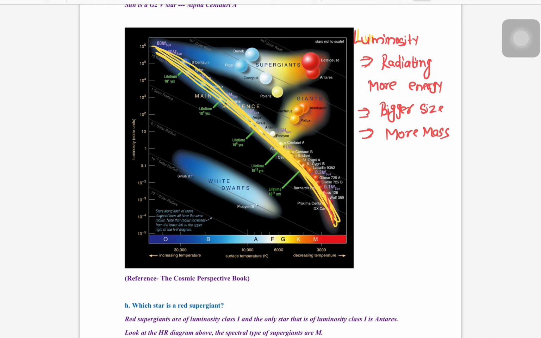So on the main sequence, the stars with the highest luminosity have more mass.